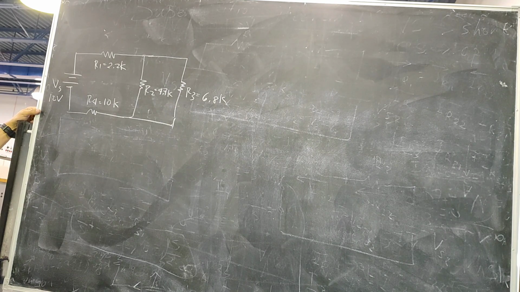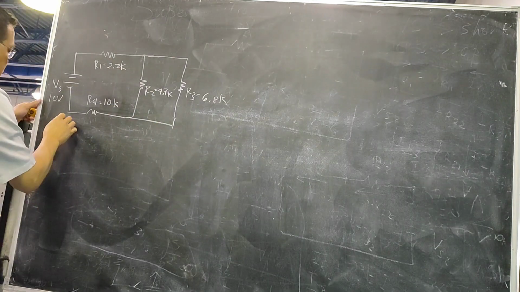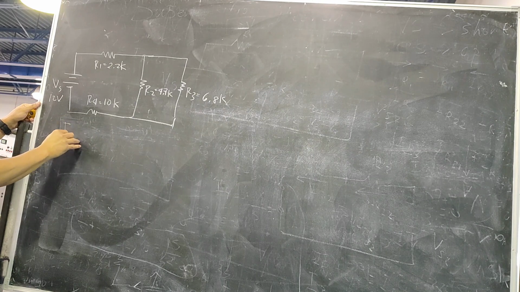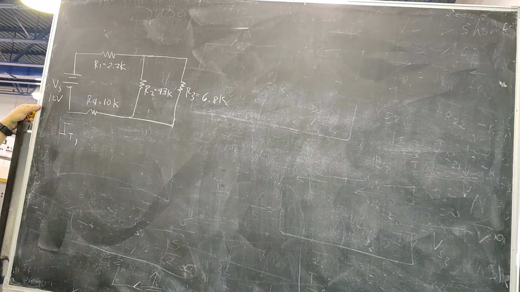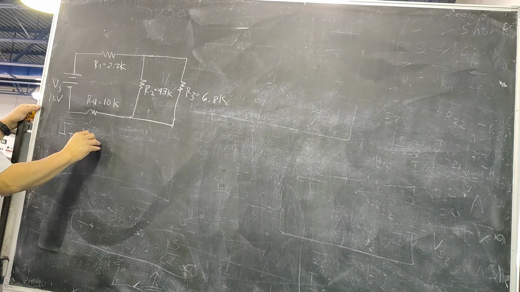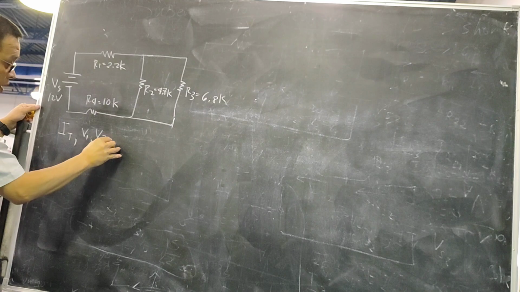Alright. So first, what do we need in the table? We need I total, IT. What else do we need? V1, the voltage across R1. Then V23, together.